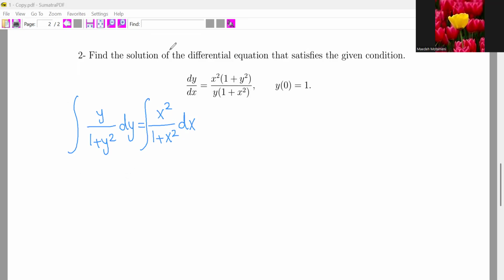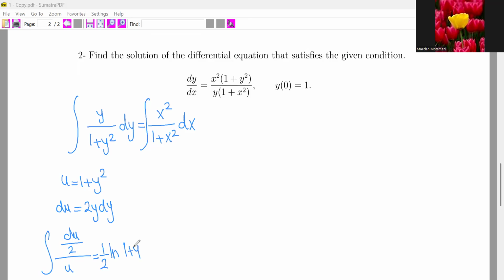With the same idea as number one, we find the integral of the left side using u, with du equals 2y dy, and the integral will be du over 2 over 1 plus y squared, which is u, and it will be 1 over 2 ln of u, which is 1 plus y squared. This will be the left side.